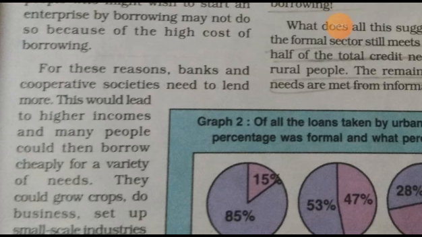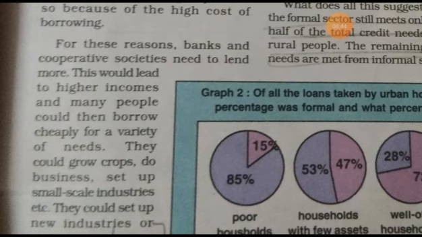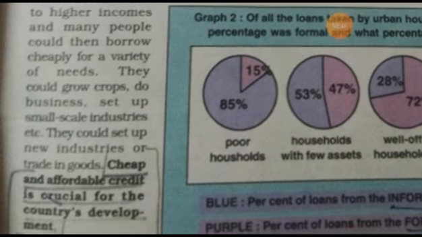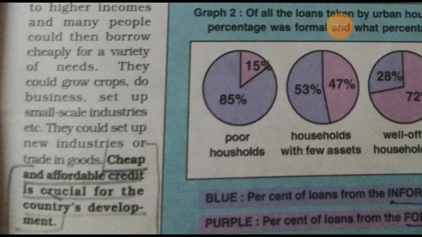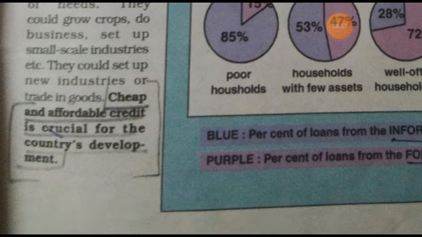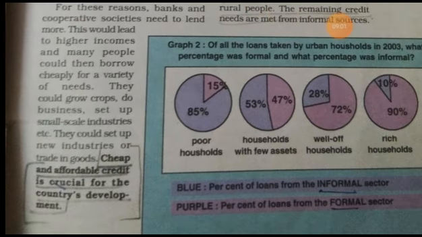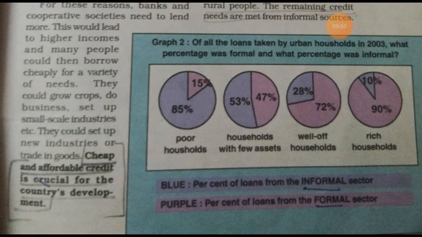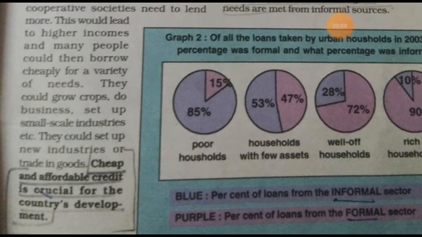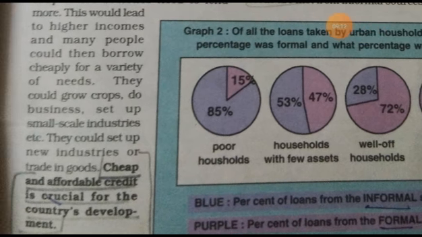They could grow crops, do business, set up small scale industries, set up new industries or trade in goods. So one thing is clear: cheap and affordable credit is crucial for the development of our country.